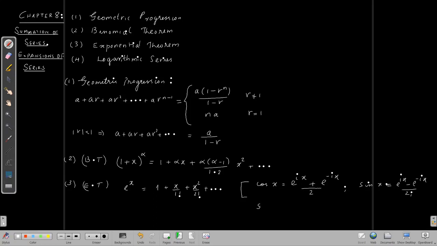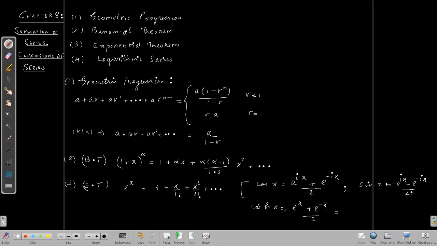sine or cos hx. This is defined as e raised to x plus e raised to minus x divided by 2. We already discussed cos x and sin x.